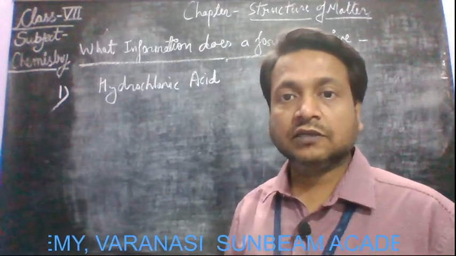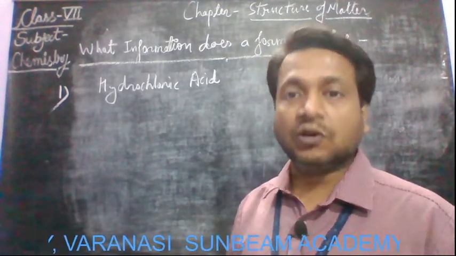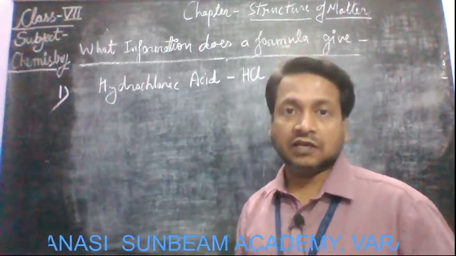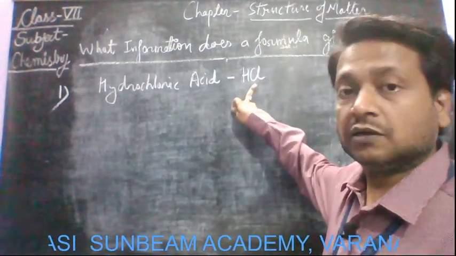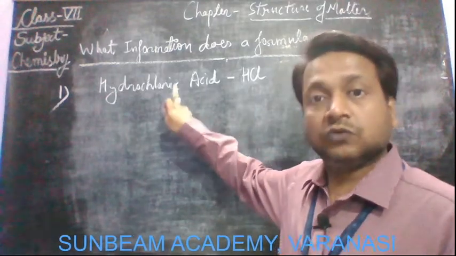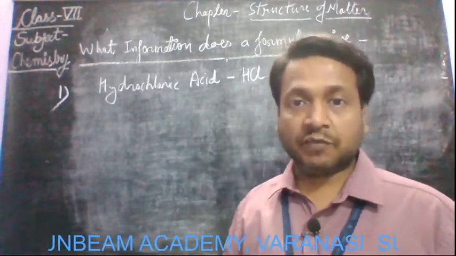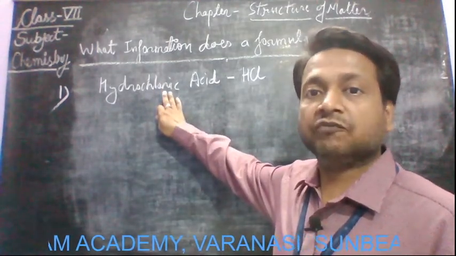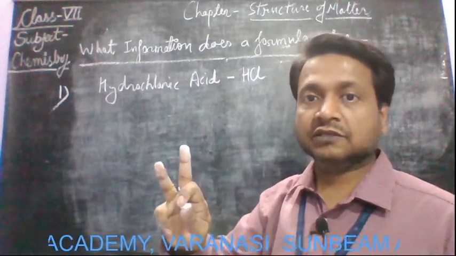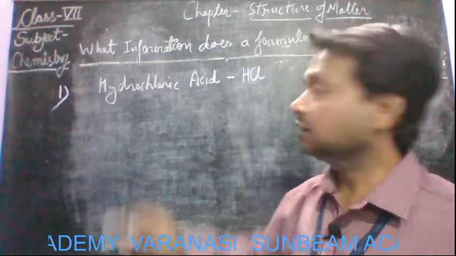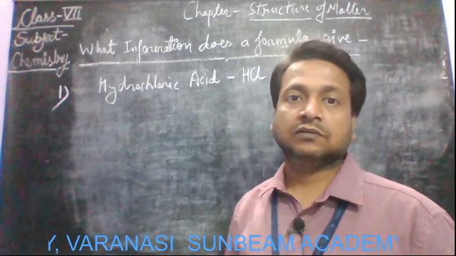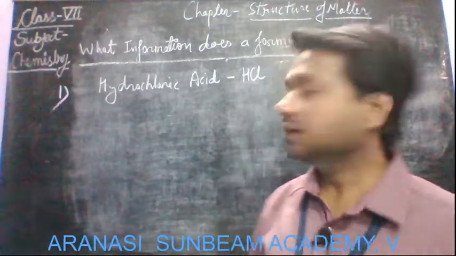Hydrochloric acid is a compound and its formula is HCl. So this formula is going to provide us the first information, that this compound is made up of two elements, and those elements are hydrogen and chlorine. Just like that.